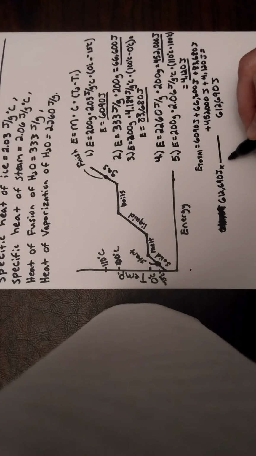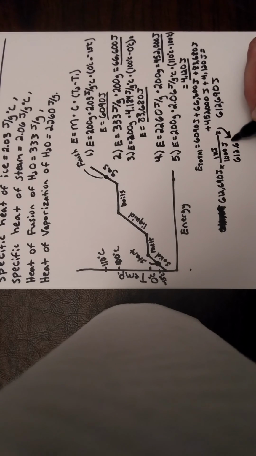There's always 1,000 joules in 1 kilojoule. So when we do that, it equals 612.69 kilojoules. And that would be our final answer for this question.